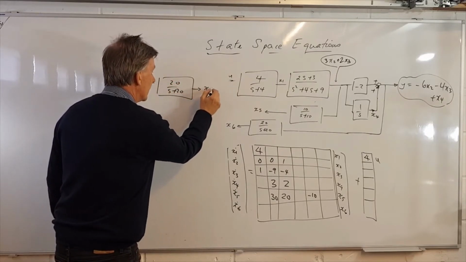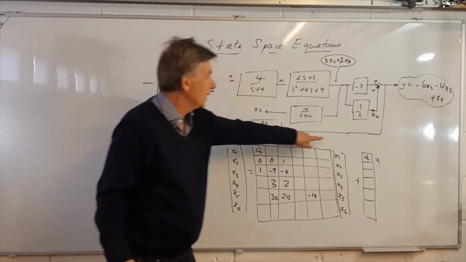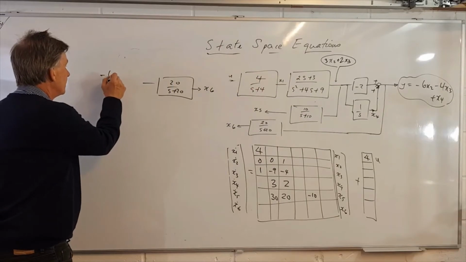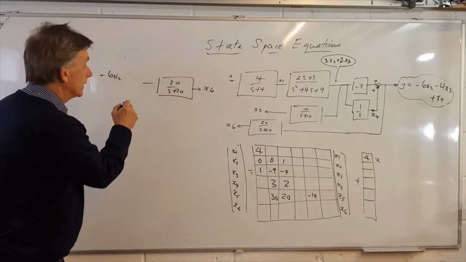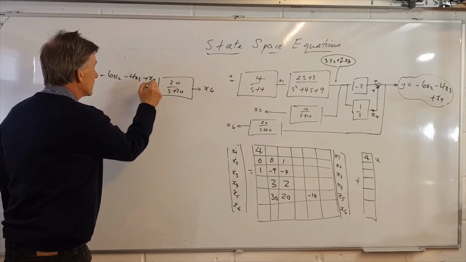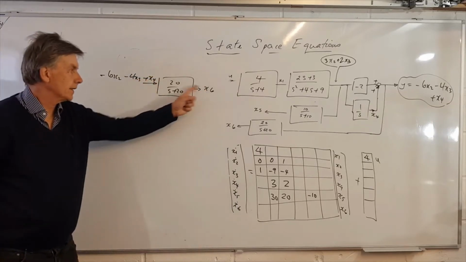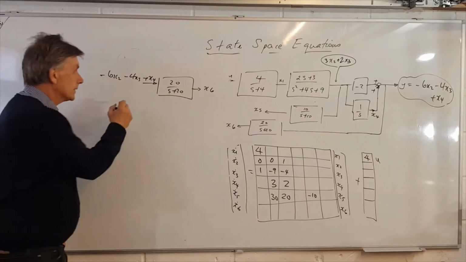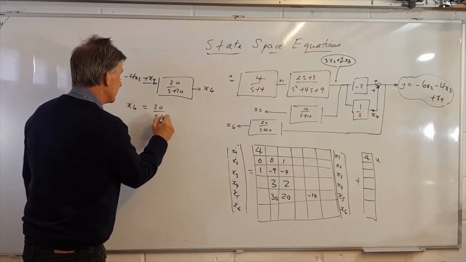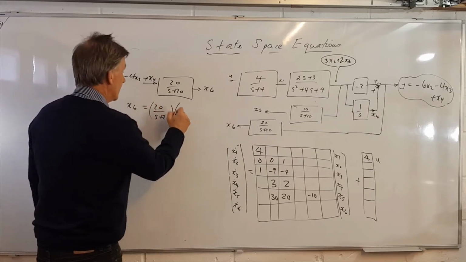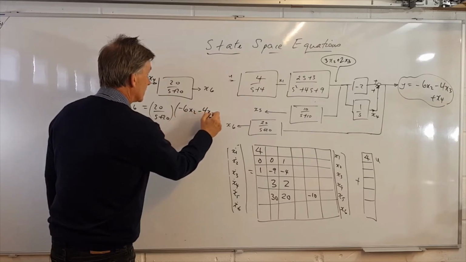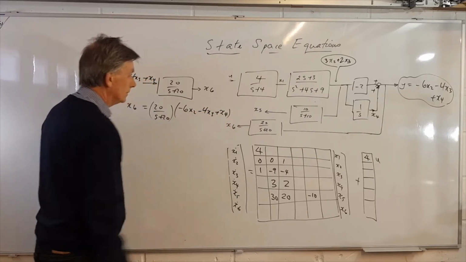The output is x6, and the input this time is y, which is minus 6x2 minus 4x3 plus x4. So x6 is 20 over s plus 20 into minus 6x2 minus 4x3 plus x4.